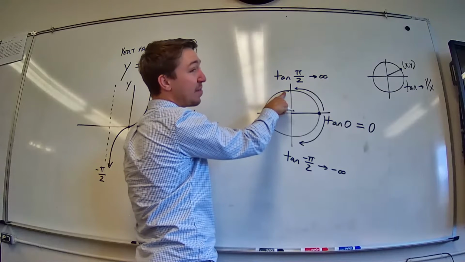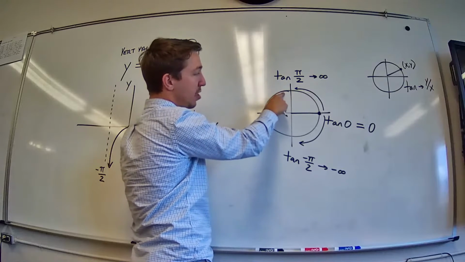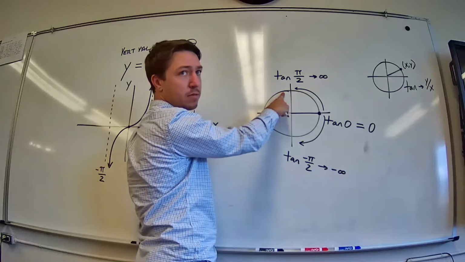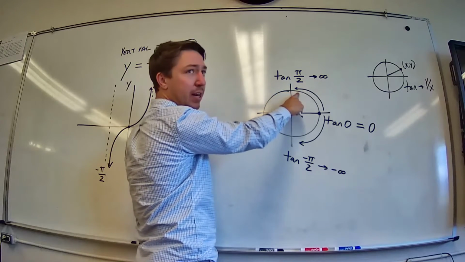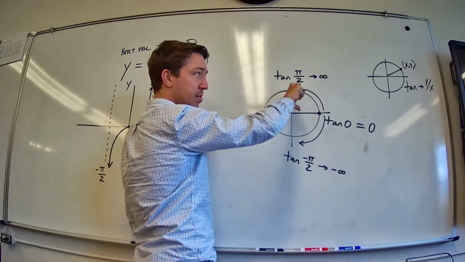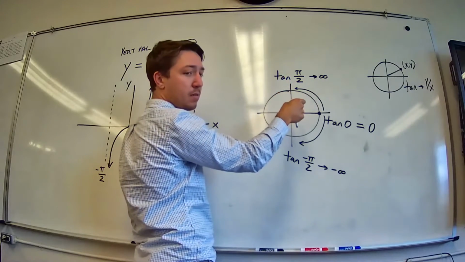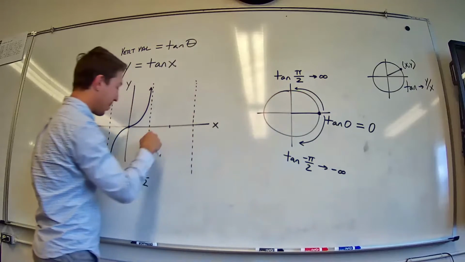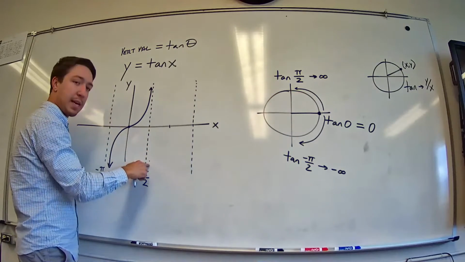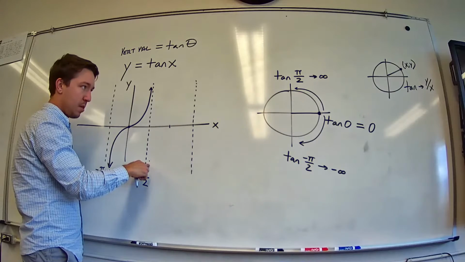They're very negative. That's what I meant. This would be huge negative numbers, right? It's the same kind of ratio we had over here, big vertical divided by small horizontal, opposite over adjacent. But over here it's negative, so you're going to have big negative values.